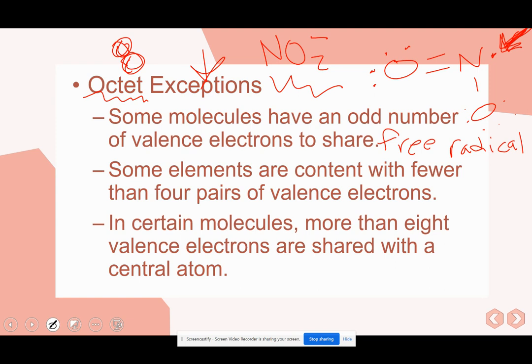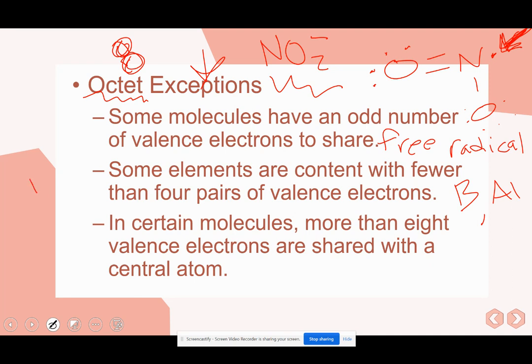So there's one exception. The second one is that there are going to be some elements that are happy with fewer than 4 pairs of valence electrons. The big one to know would be boron. Aluminum can be another one. And so these guys are happy with only 6 electrons, 3 pairs around them.